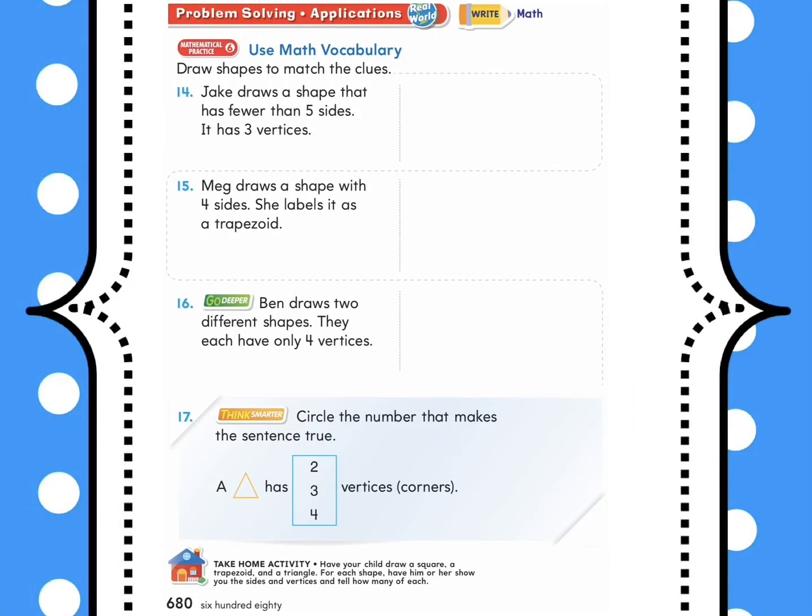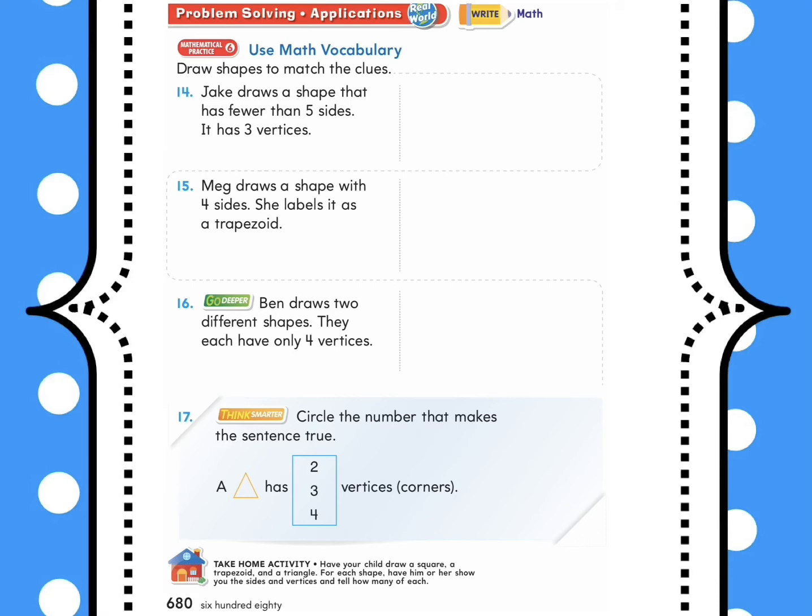This is the problem-solving page. Now we will draw the shapes to match with each clue. The first one in number 14, it says, Jake draws a shape that has fewer than 4 sides, but it has 3 vertices.